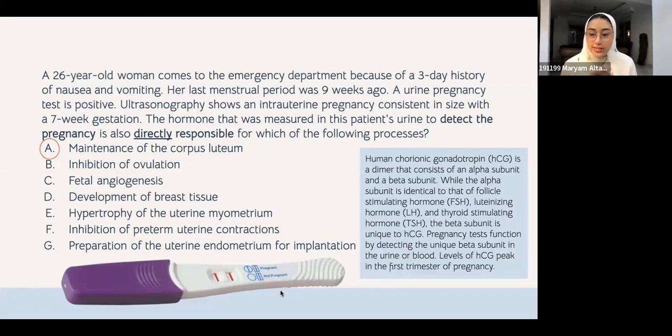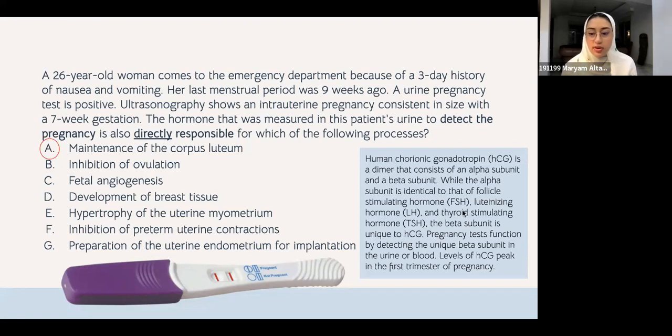If we're being very clinically specific, we can also measure HCG in the blood, but this is what they're talking about here. So HCG, or human chorionic gonadotropin, is a dimer, meaning it has 2 subunits, an alpha subunit and a beta subunit. The alpha subunit is like FSH, luteinizing hormone, and thyroid stimulating hormone. The beta subunit is unique to HCG. So what we're actually detecting is the beta subunit of HCG.